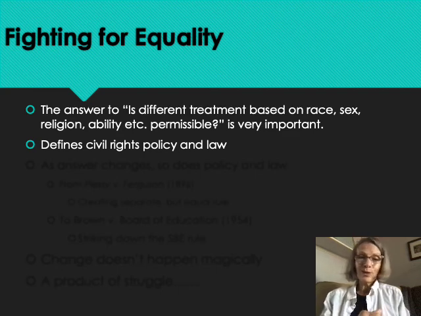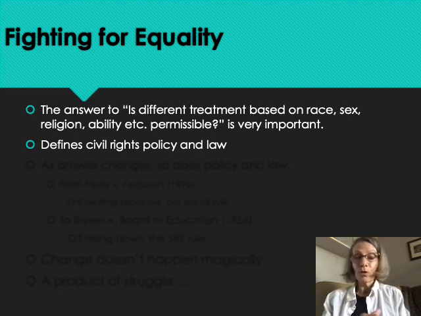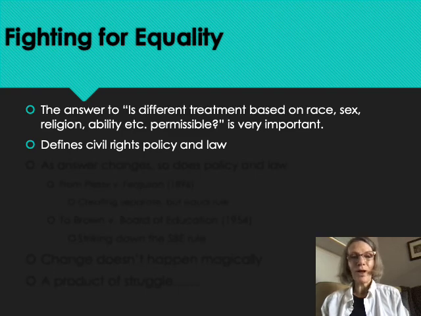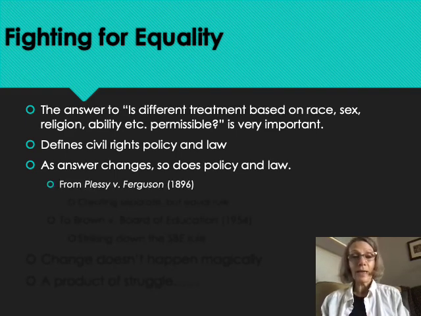When the courts used to say that something was justified and legal and constitutional, that had an implication for public policy and law. When the court says, nope, that different treatment is absolutely unconstitutional, it has implications on policies and laws. And so as the answer to that question changes, policy changes and law changes.